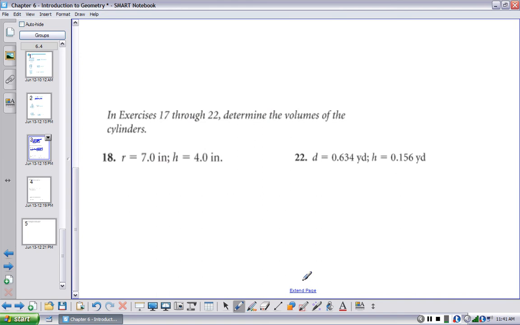Now they want us to determine the volume of the cylinder. Remember, the volume of a cylinder is pi r squared h. So here they give us r.